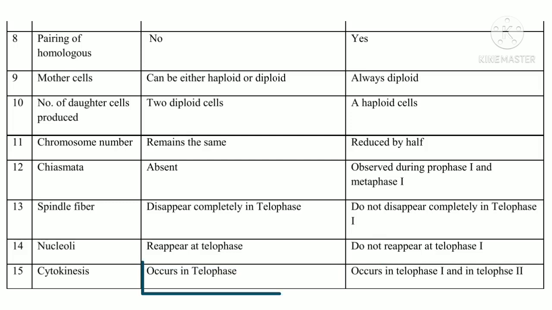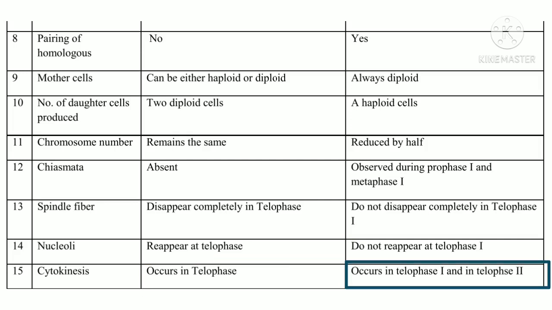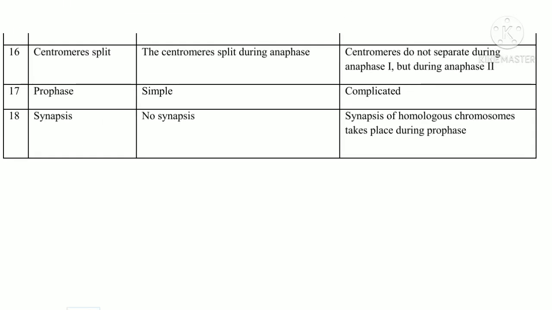Cytokinesis occurs in telophase in mitosis cell division, whereas it occurs in telophase I and in telophase II during meiosis cell divisions. Centromeres split during anaphase in mitosis, whereas centromeres do not separate during anaphase I, but during anaphase II in meiosis cell divisions.